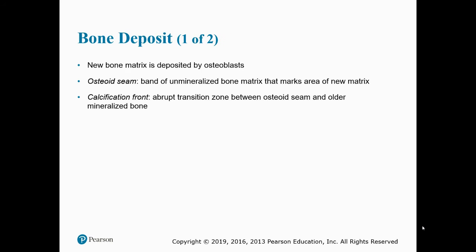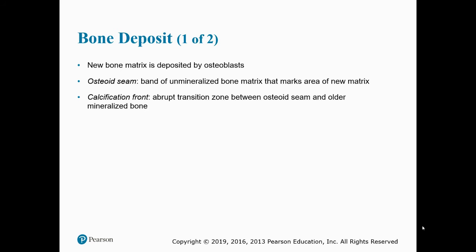Now, the other process of depositing bone actually happens at this area of the bone that we call the osteoid seam. And this is where the osteoblasts deposit new matrix. Now, it takes about a week for that osteoid to actually become calcified. As those calcium and phosphate salt ions increase, it makes little crystals form.